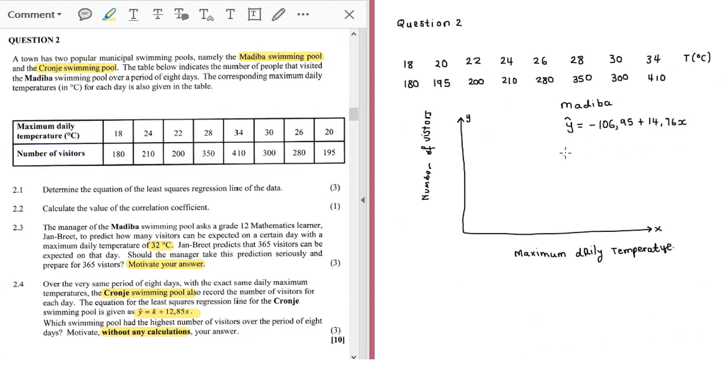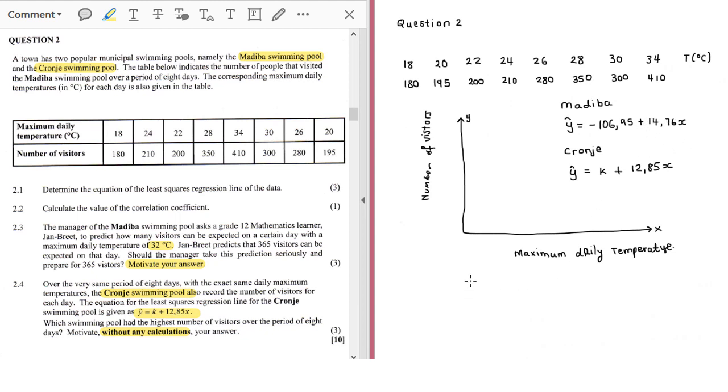Then they're telling us that this other one is y bar is equals to some unknown y-intercept plus 12.85x. I think that because they've made the y-intercept unknown, what we really have to be looking at here is the slopes. So what do we know about slope?